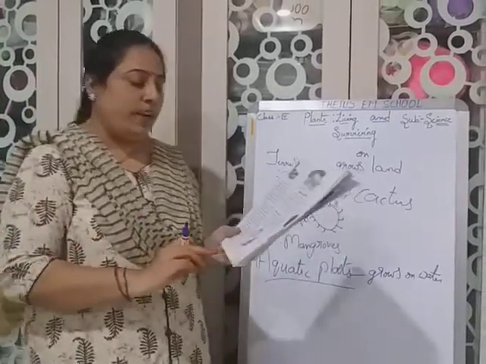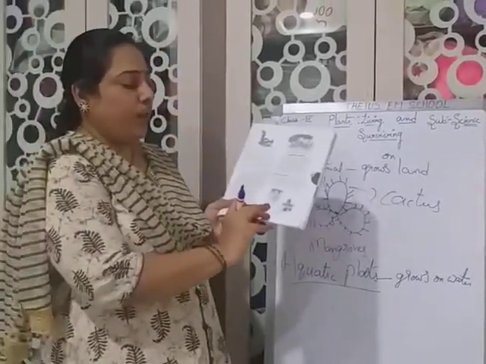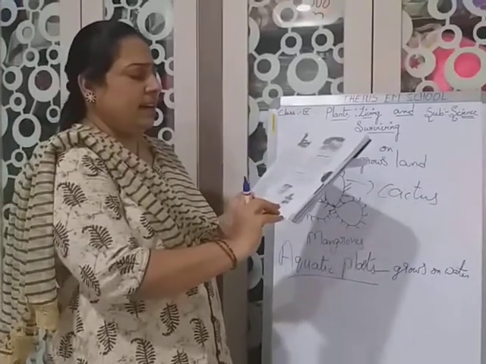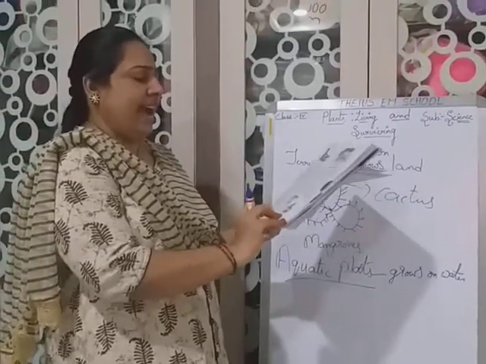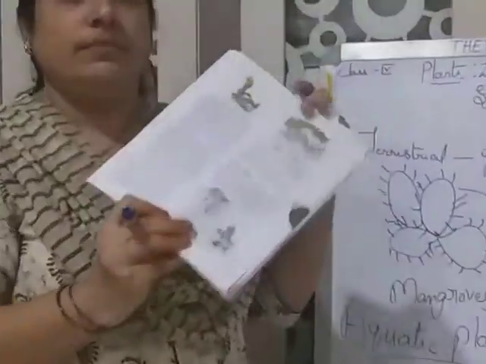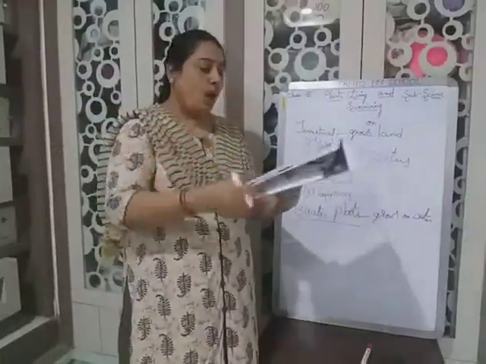See figure 2.4. They are duckweed and water hyacinth. See the diagrams here. These are the floating water plants because they are light in weight, so they float on water.